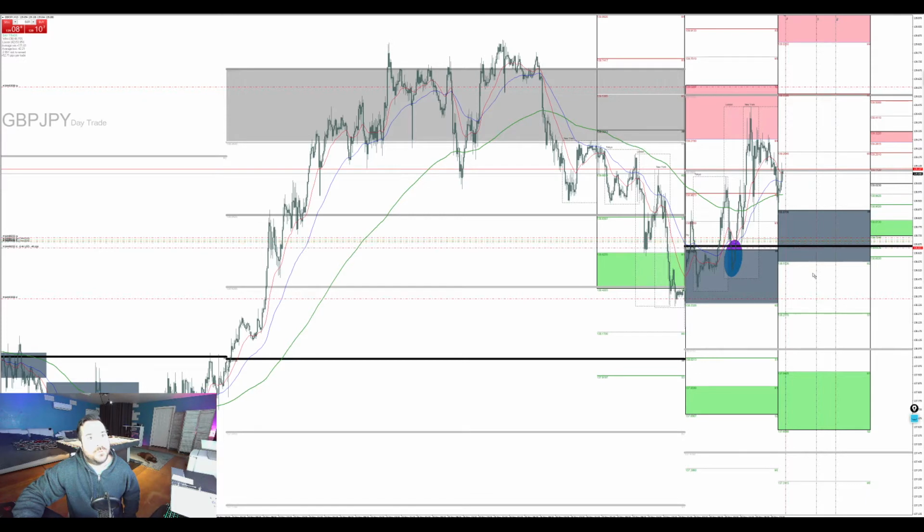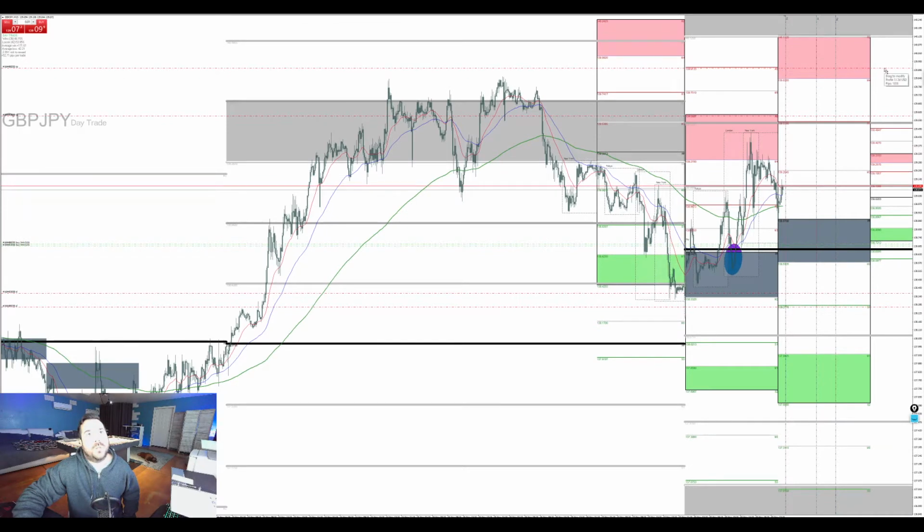It's going to be this one, stop loss, and this is going to be my take profit. Oh, what a beautiful spot right here for a take profit.